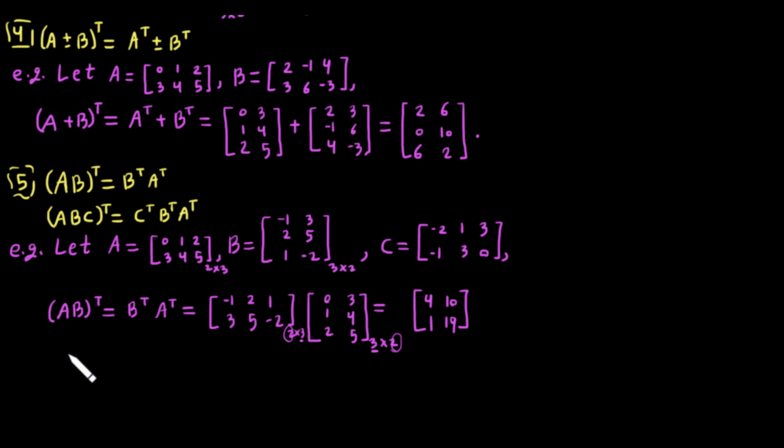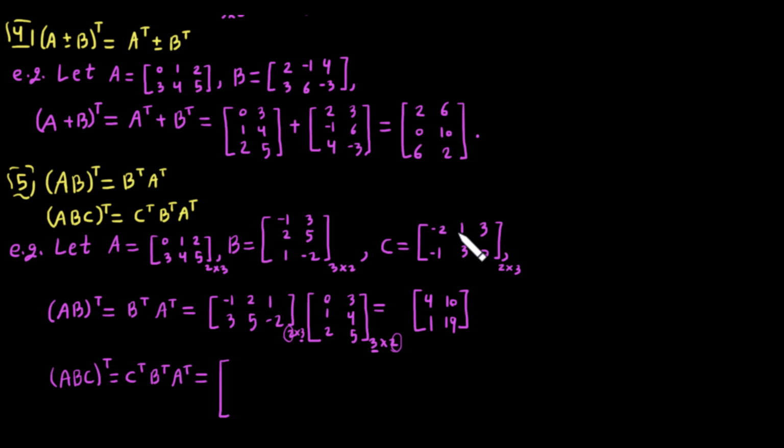Let's say here ABC, the whole thing transpose, equals C transpose, B transpose, A transpose. First, I have to compute C transpose. Since this one is 2 by 3, the transpose will be 3 by 2. So it looks like this.